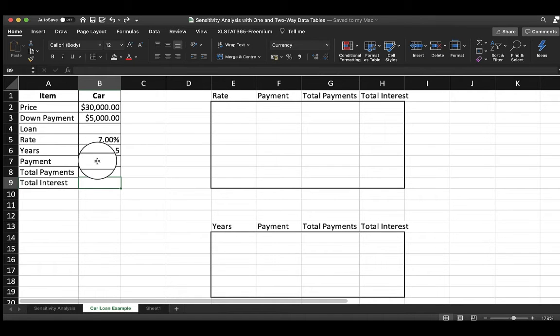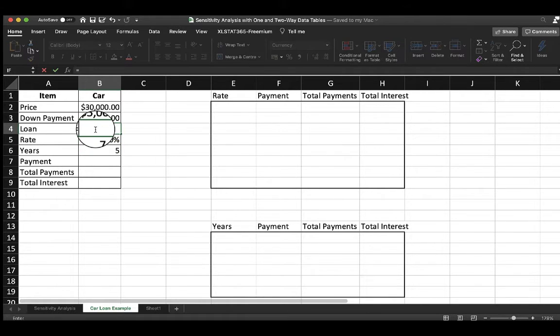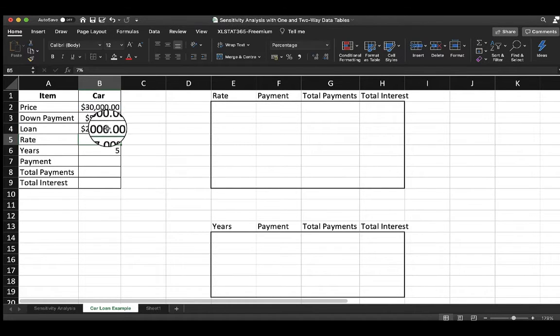First, I'll find out this payment, total payment, and total interest. First, I'll calculate how much loan I'll get. It is found by taking price minus down payment. So this much loan I'll get from the bank. Now I want to find out the payment that I'll pay monthly to the bank.